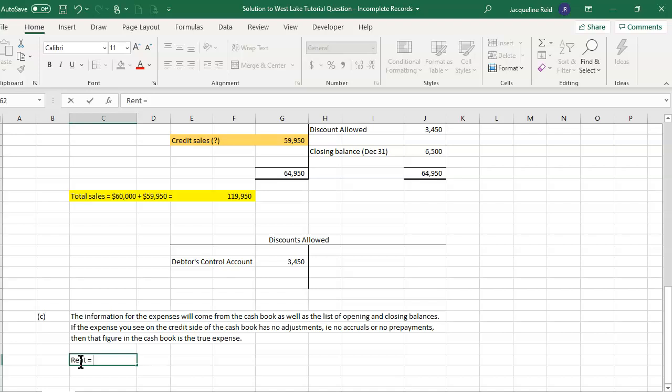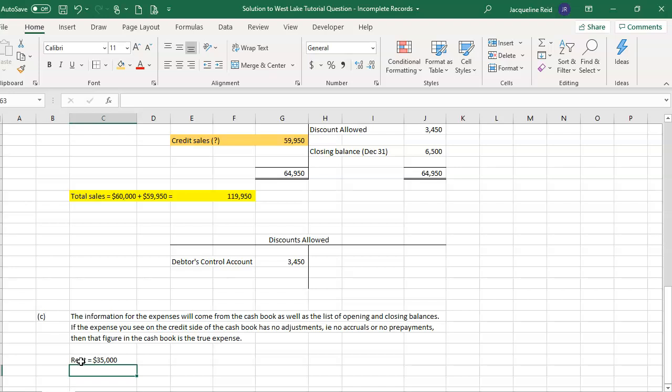The rent, I think it was $35,000 that they paid for rent. Just checking. Yes, rent was $35,000. And when you look in the list of opening balances on January 1 and the list of closing balances for December 31st, you see no reference to rent. So it means, therefore, that the true expense for rent is $35,000.